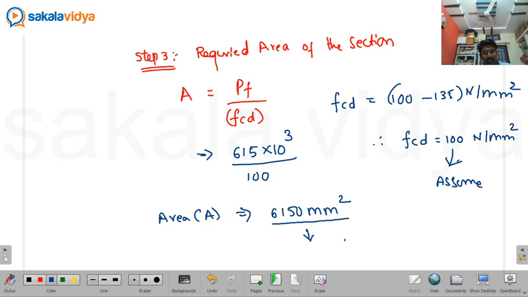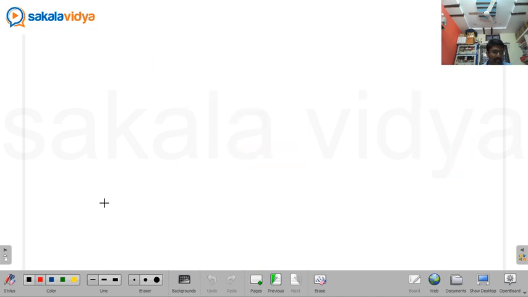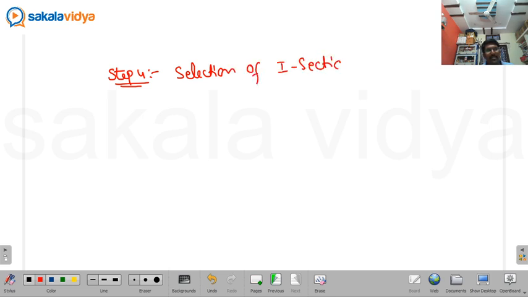That is, now I'm going to take ISHB. So step 4, selection of suitable I section. So based upon what parameter are you going to select that I section?